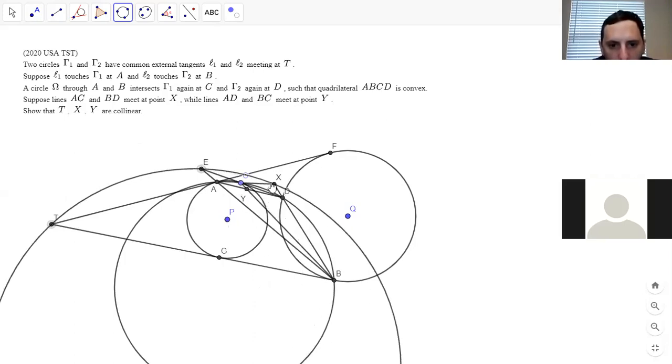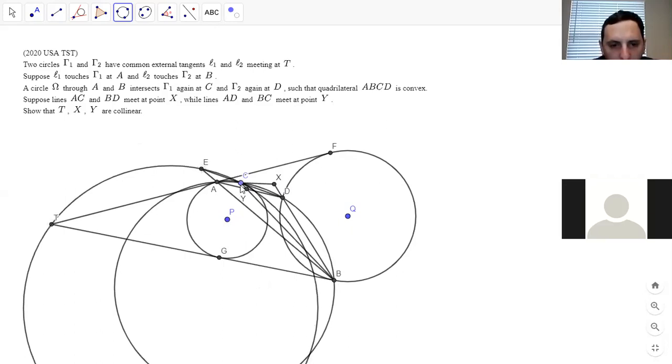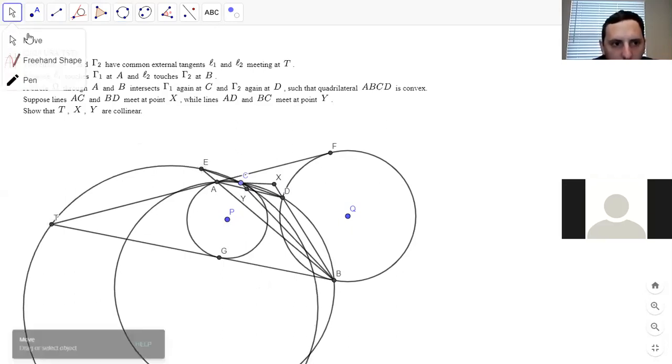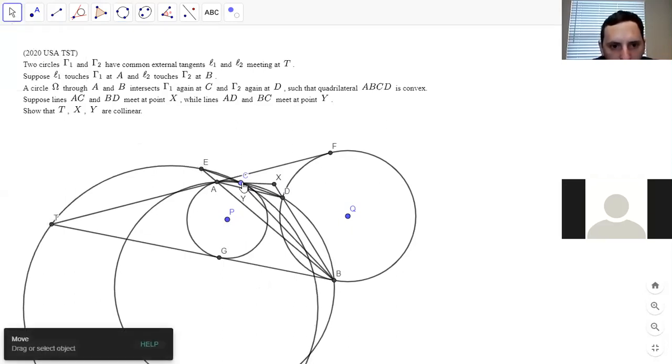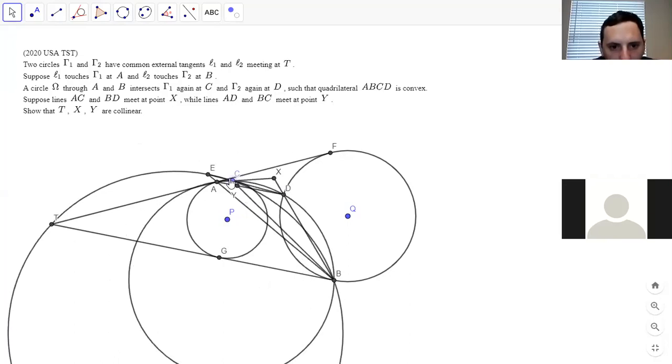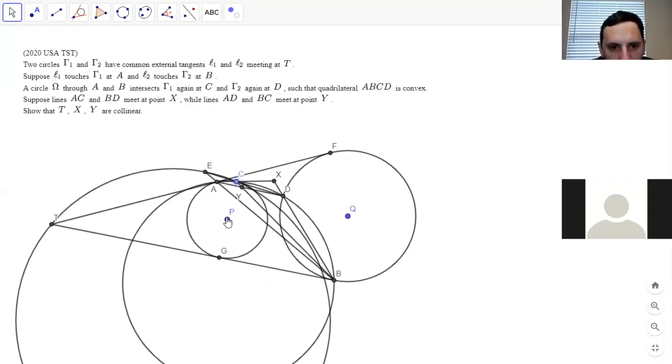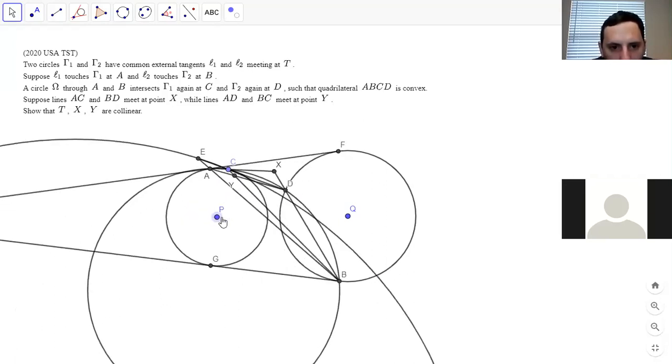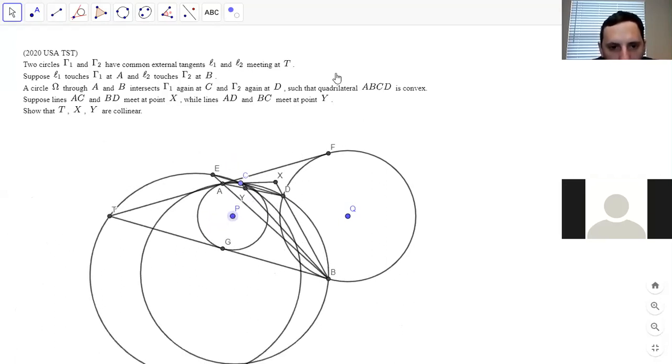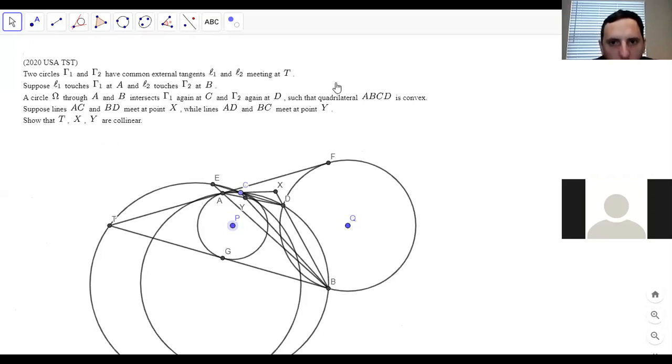I think that's probably a coincidence, but let me check. ETC and that point. It's hard to tell, but I don't think that's cyclic.